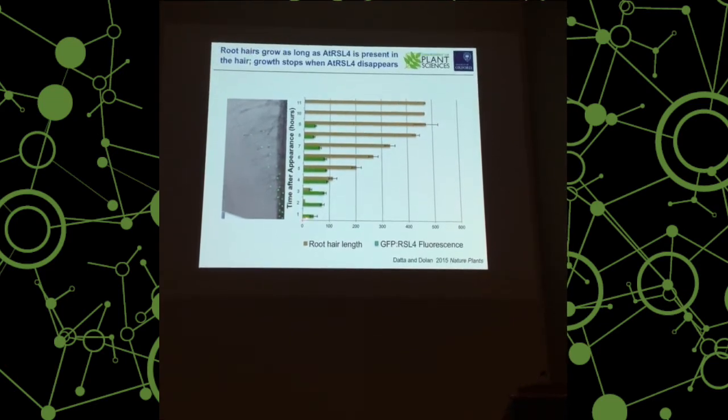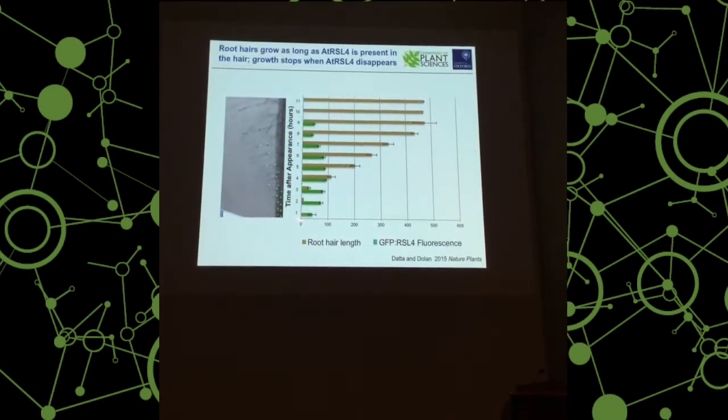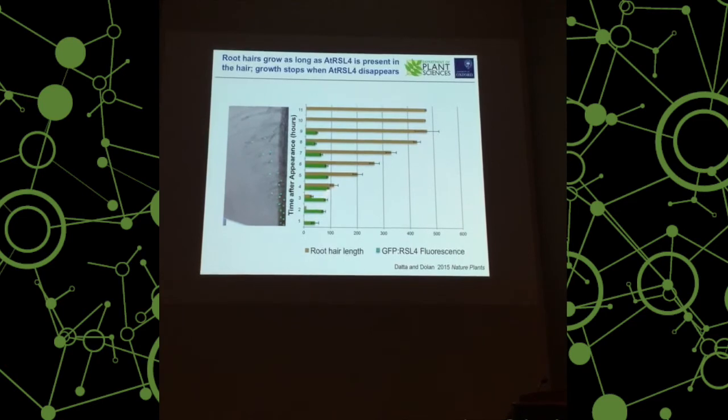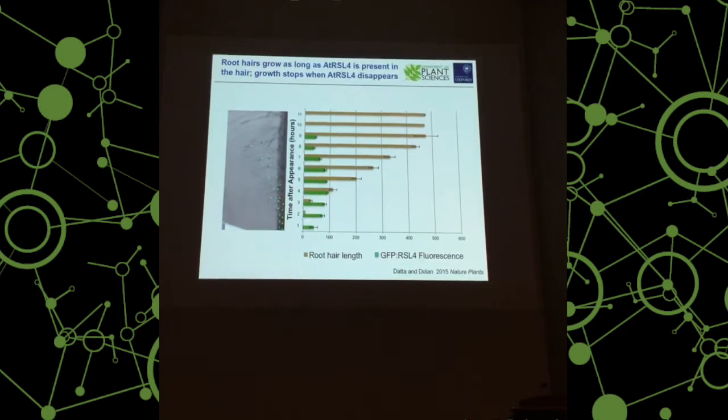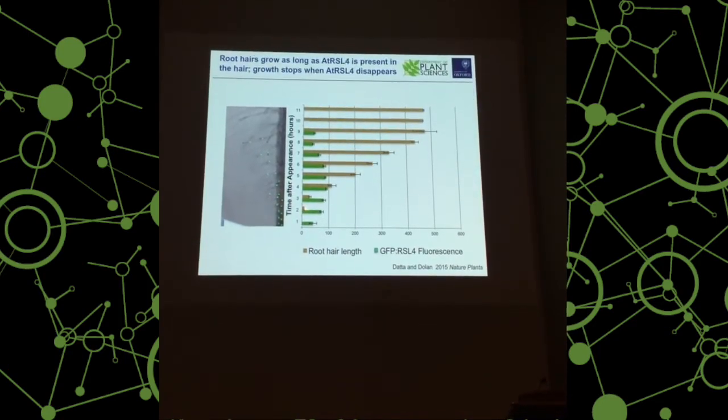What we're looking at here is GFP. We see the fluorescence increase, decrease, and then disappear. And at the same time as imaging GFP fluorescence, we were looking at the rate of elongation.